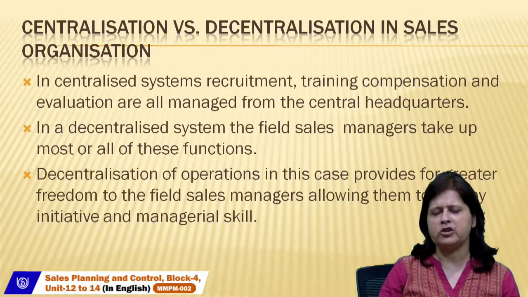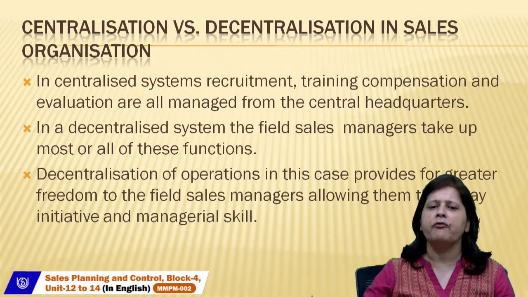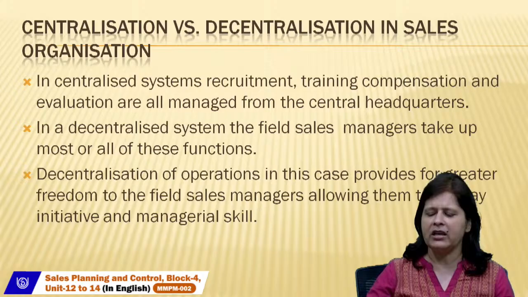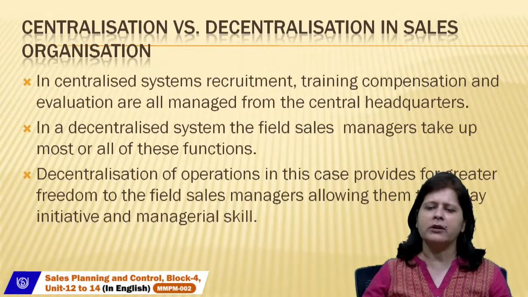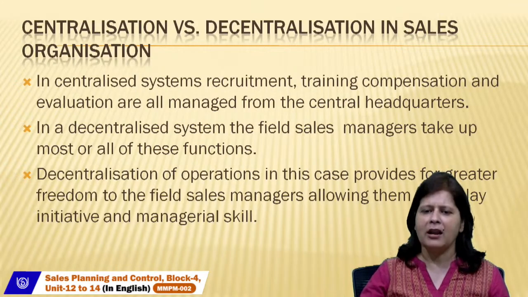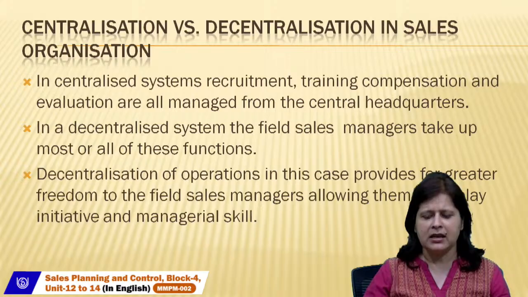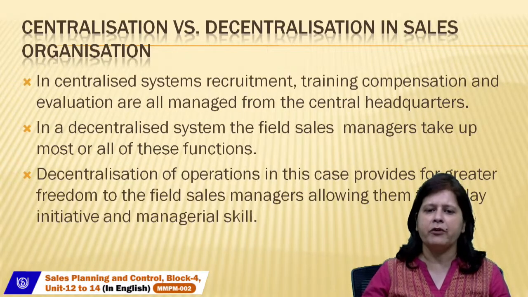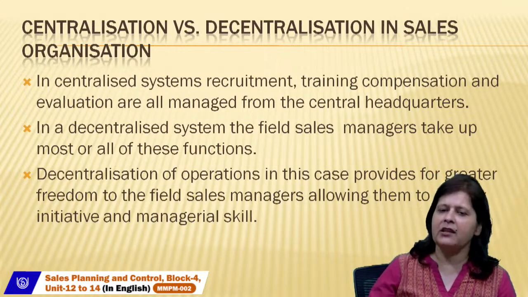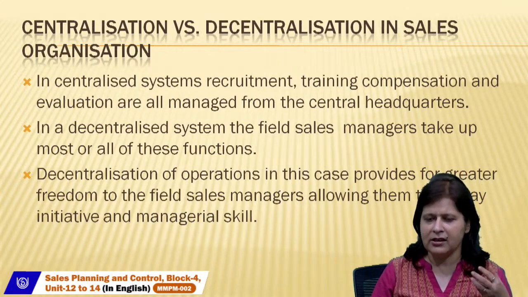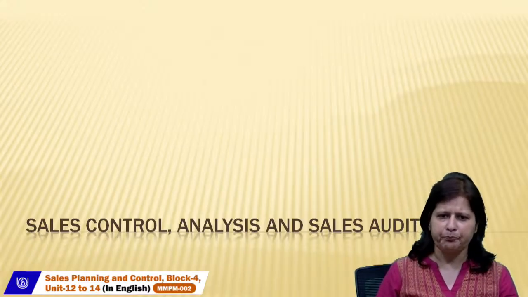Decentralization of operation provides greater freedom to the field sales manager, allowing them to display initiative and managerial skills. So decentralization helps to achieve the target easily, so that they can achieve their targets and quotas.